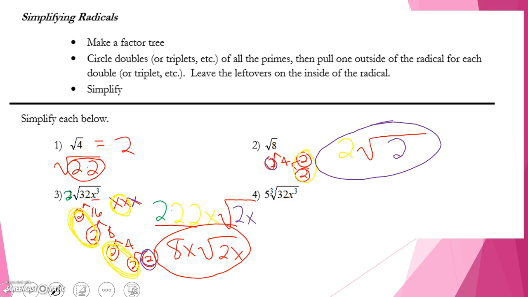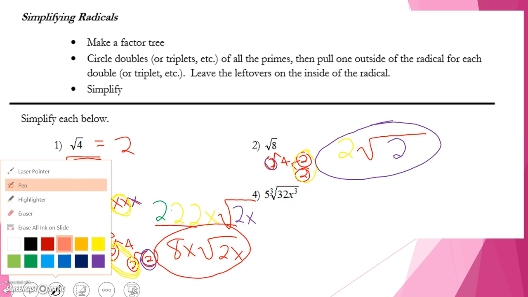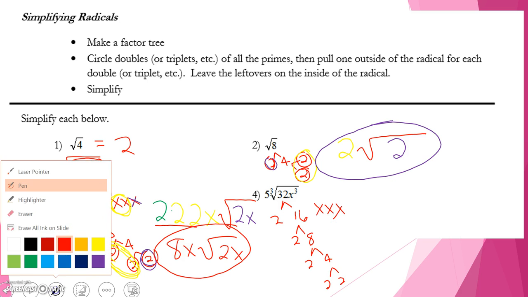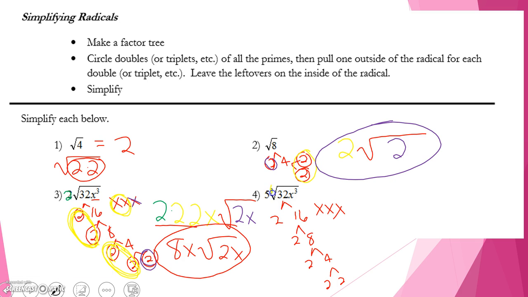Number 4 looks really similar to 3, except now it is a cube root. So I'm just going to recopy the tree from number 3. But this time I'm going to circle triplets because this 3 right here means I have to circle triplets. Okay, so I have the original 5 that's on the outside.